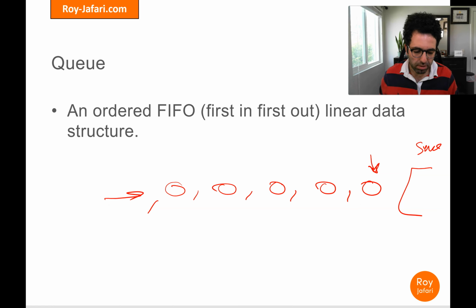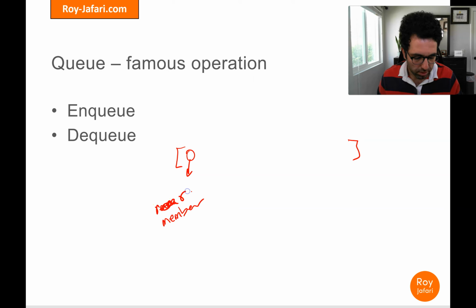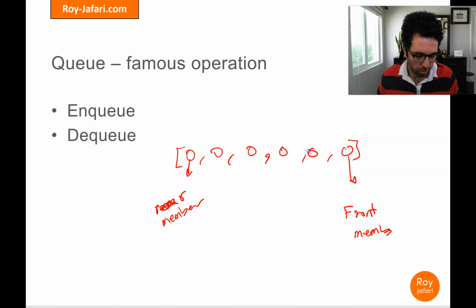And the famous operations of queue, so if this is sort of like a queue that we are using, you've got a rear member, and we've got a front member, right? So we've got other members here, whatever they are.